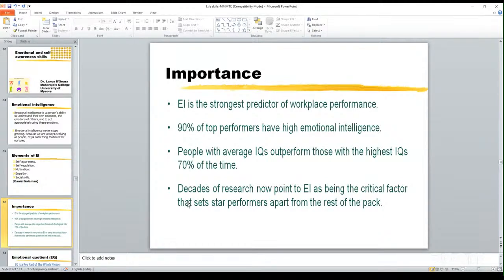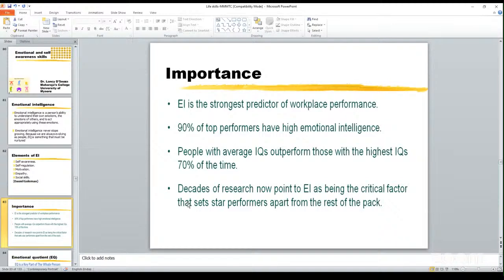That's why traditional intelligence takes a step back. People with average IQs outperform those with the highest IQs 70% of the time. That's why sometimes people who have scored very high first rank may not settle well, but those who just got average or above average have done fantastic things. There are enough examples from history and technology.